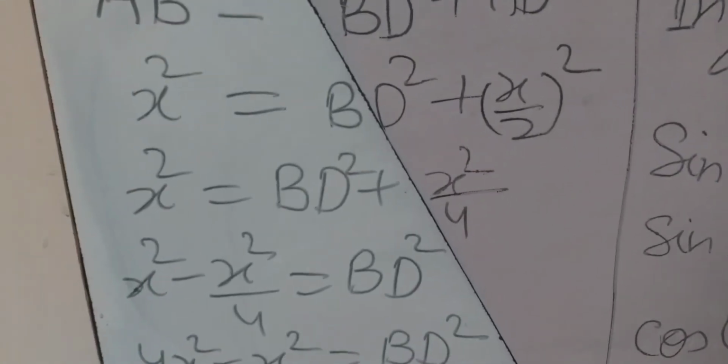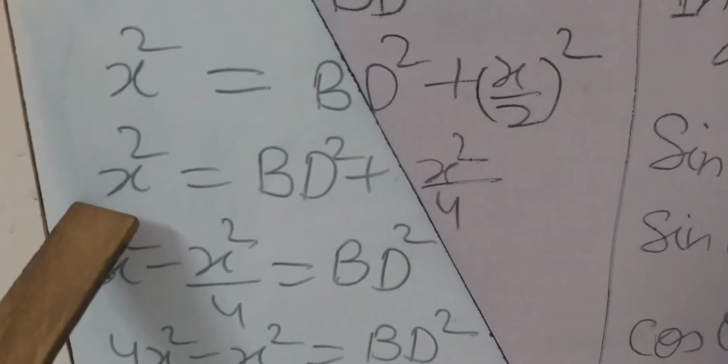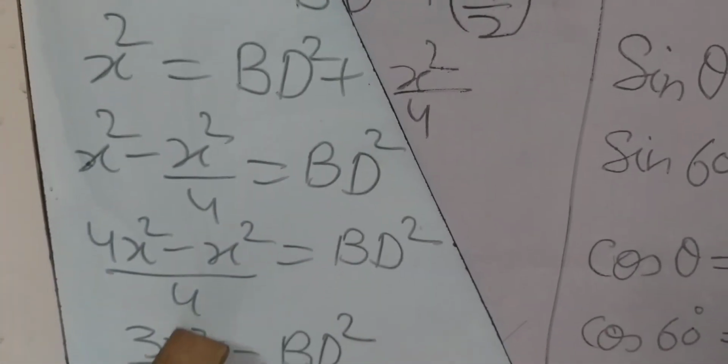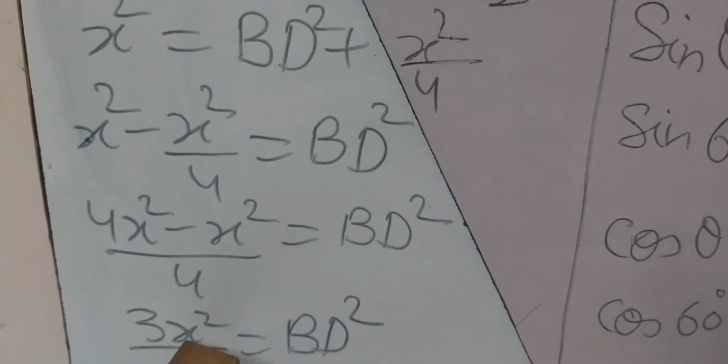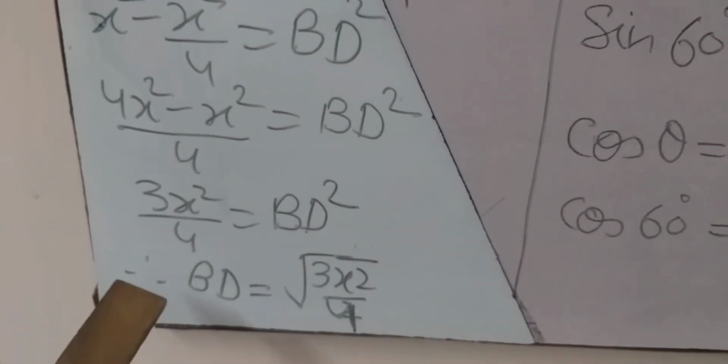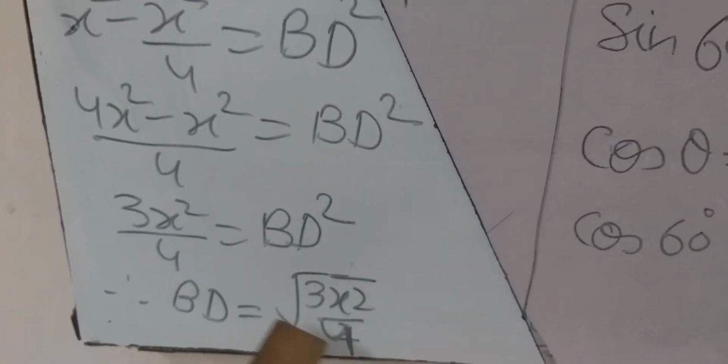Correct? So X square by 4 will come to this side and become negative. Let us take LCM 4. So 4X square minus X square, 3X square by 4 equals BD square. Therefore BD equals root of 3X square by 4.